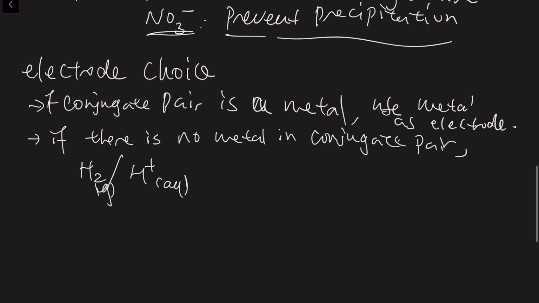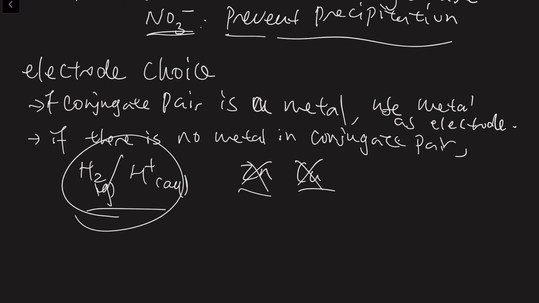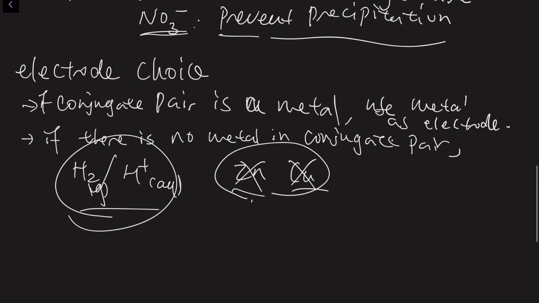We can't use active electrodes like zinc or copper electrodes because they may want to participate in the chemical reaction, which we do not want. We only want these two things to be involved in the half-cell reaction. We don't want to introduce any unwanted substance.